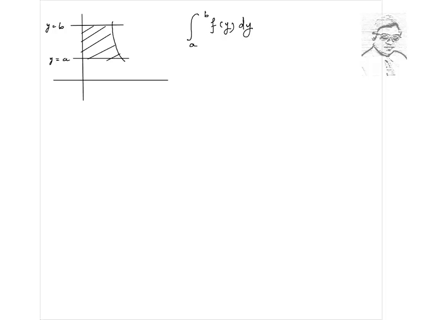So it is x dy type of thing, where x is f of y.